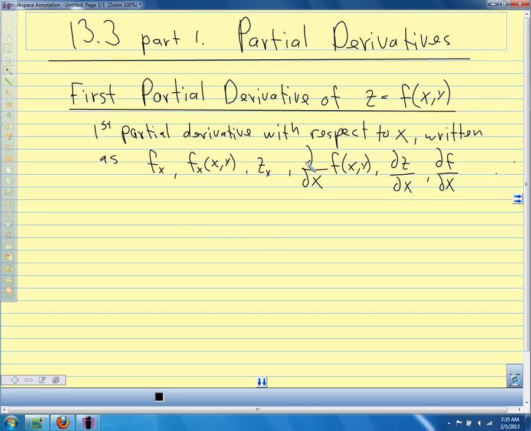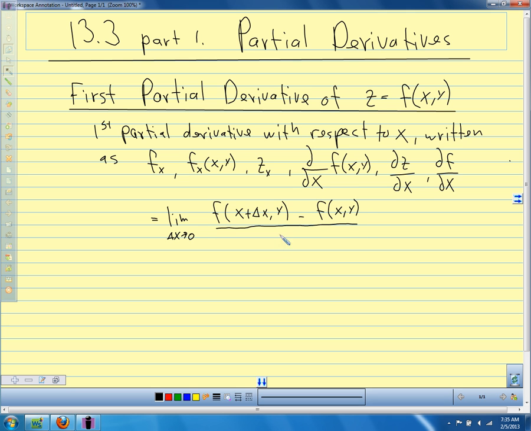All of these are our notation for the first partial derivative with respect to x of this function. The curvy d reminds us that we're taking the derivative with respect to x. All of these symbols denote the same thing, and our definition, all of these equal the limit as delta x approaches 0 of f of x plus delta x, comma y, minus f of x, y, just like we would expect, over delta x.